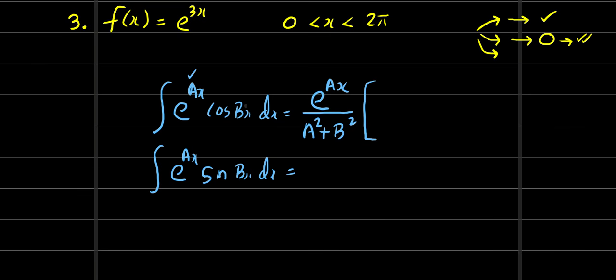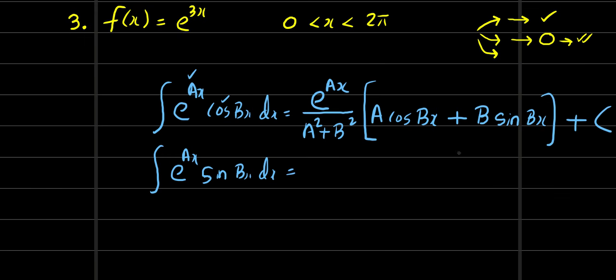The trick is, you remember this diagonally, so I write a cos bx, and I keep in mind I'm doing integration, so the integral of cos is plus. That's a trick I use to remember this formula. And of course, plus constant.